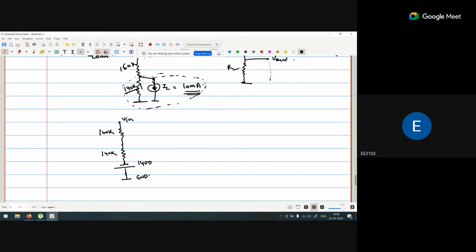Now if we apply here, what is the value of current I? I is nothing but V divided by the resistance. This 1400 is in series, so plus 1400 divided by 300K. Some value X is there.